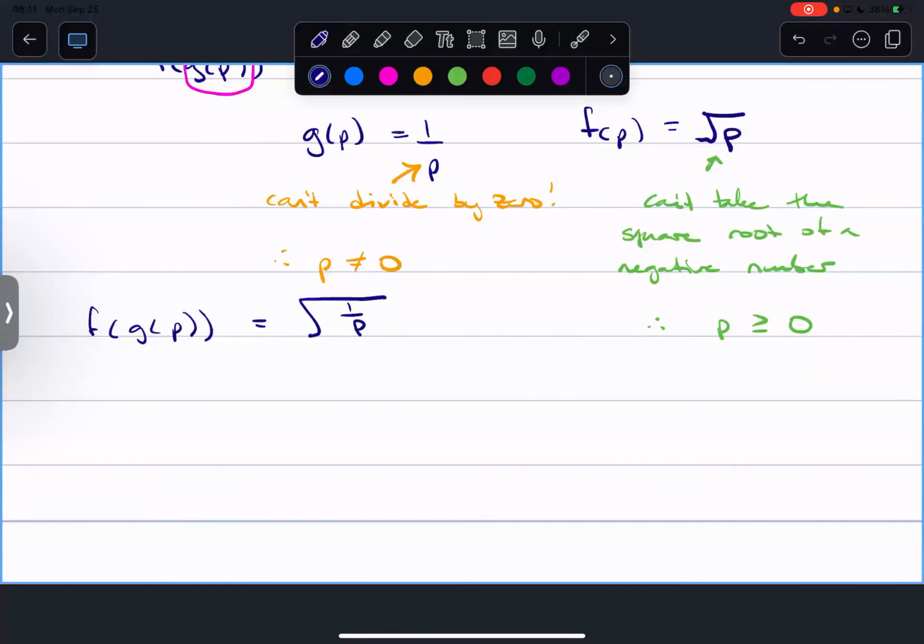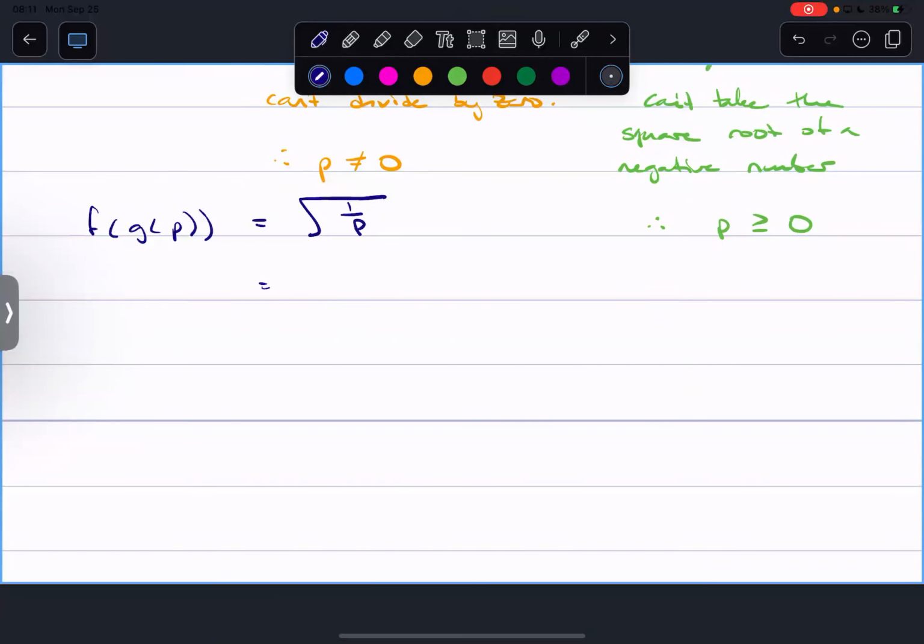P can't be 0, even if we have it written like this. But under the square root, 1 over p has to be greater than or equal to 0.